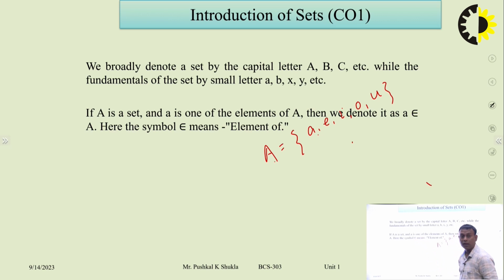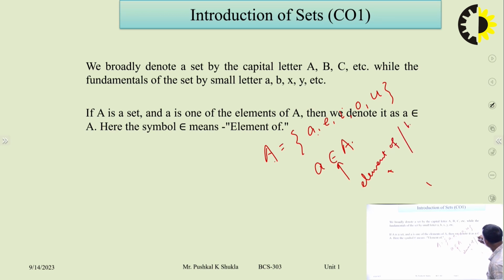If A is a set and a is one of the elements of set A, here A is a set and a is the element of the set. So this can be written as a is an element of A. This symbol is known as element of, or belongs to, or member of, or there exists.